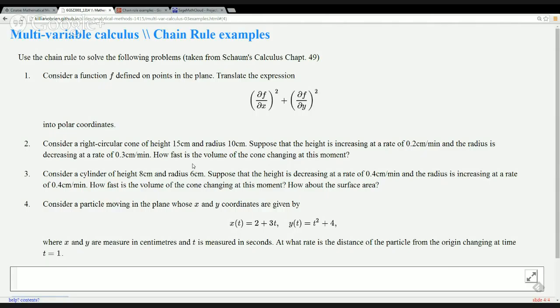It's getting further from the origin at the rate 5 over root 2, centimeters per second. So that's the rate of change of the radial distance. It's increasing at the rate of 5 over root 2 centimeters per second.